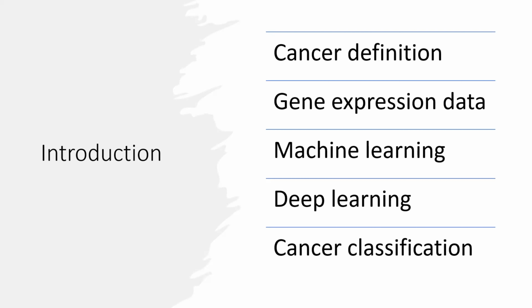One of the methods that has been used to analyze gene expression data was machine learning and deep learning. Machine learning is different from deep learning, and as we know, artificial intelligence is the big one, then machine learning is inside artificial intelligence as a topic, and deep learning inside machine learning as a topic.